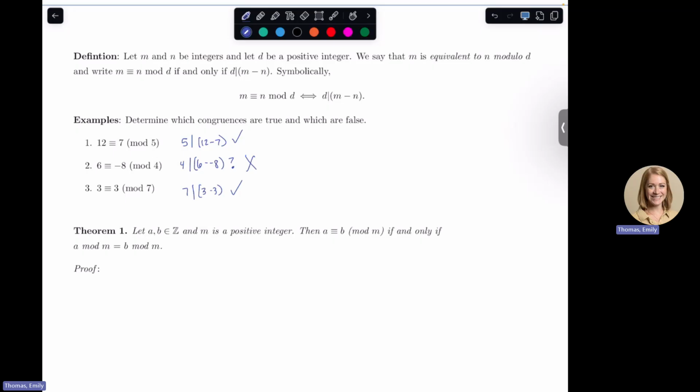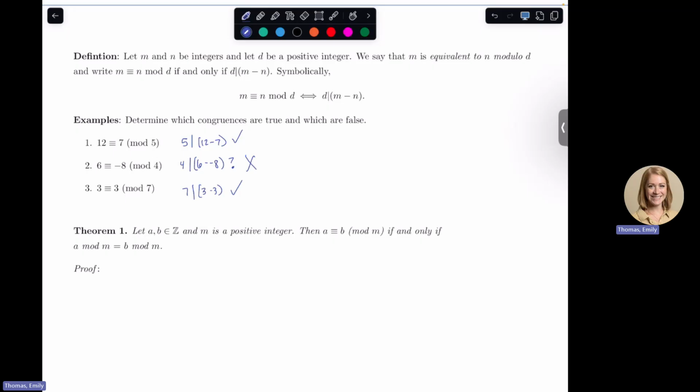Okay, so we're going to show that this means the same thing as them having the same remainder mod n. So that A is congruent to B mod m if and only if A mod m equals B mod m. We're going to do that now. This is an if and only if statement. So if we were trying to prove this from scratch, we would prove it forward and then backwards, right? So prove if-then and then the other way.